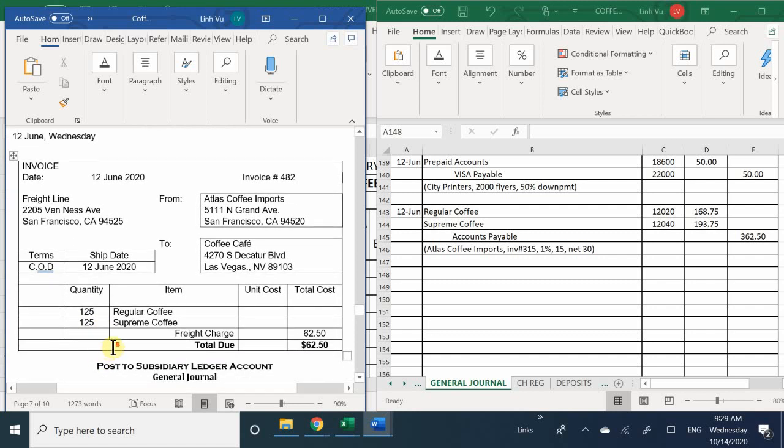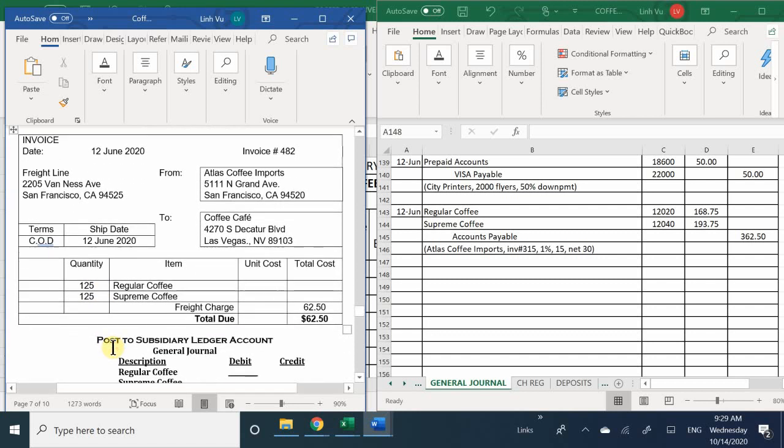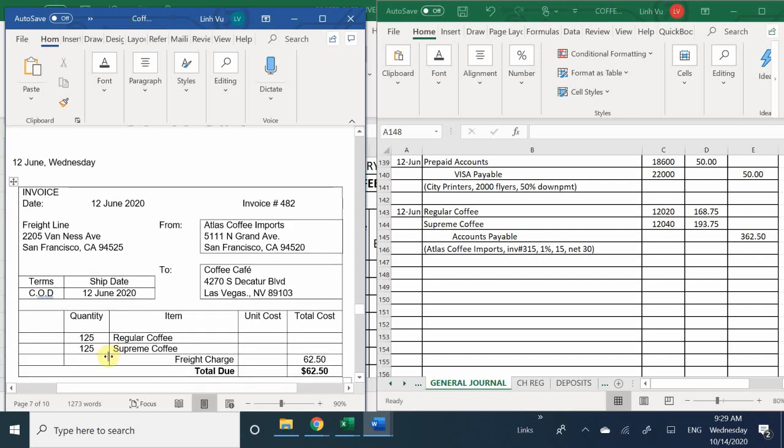Now with this bill, let's look at this invoice. What is significant about this invoice? It is cash on delivery, meaning we have to write a check, and it's going to be for the total amount of $62.50.